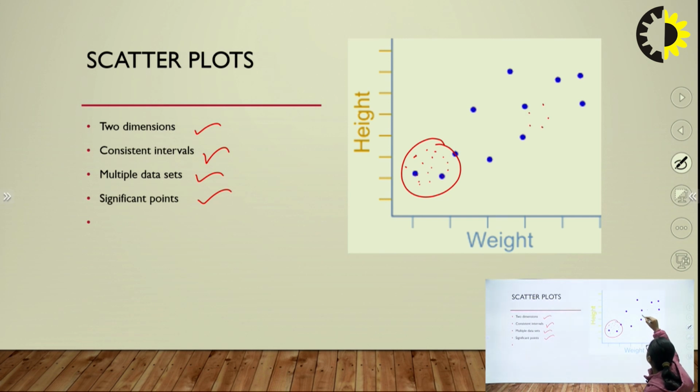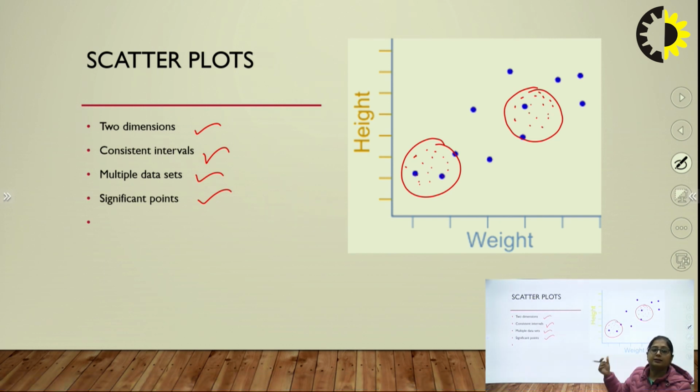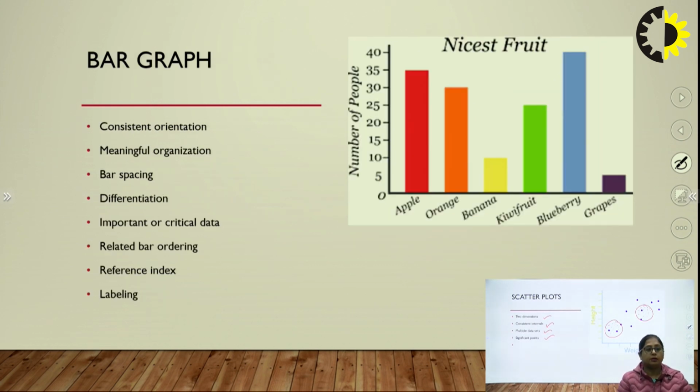If another group is scattered here, you can make another cluster. So in clustering, mainly we use the scatter plots. In many ways you can use the scatter plots, but this is one example. If you find the clusters where the maximum data is used, you can go for the scatter plot.